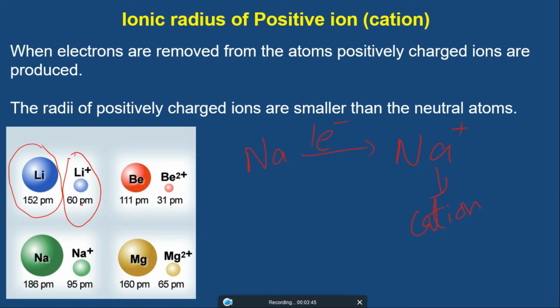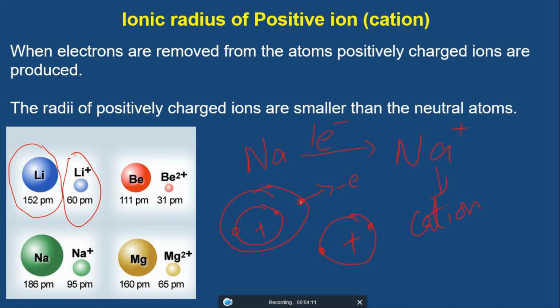For example, this is the lithium atom. There are two electrons in 1s2 and one electron in the outer shell. When this electron is removed, only this shell is left.